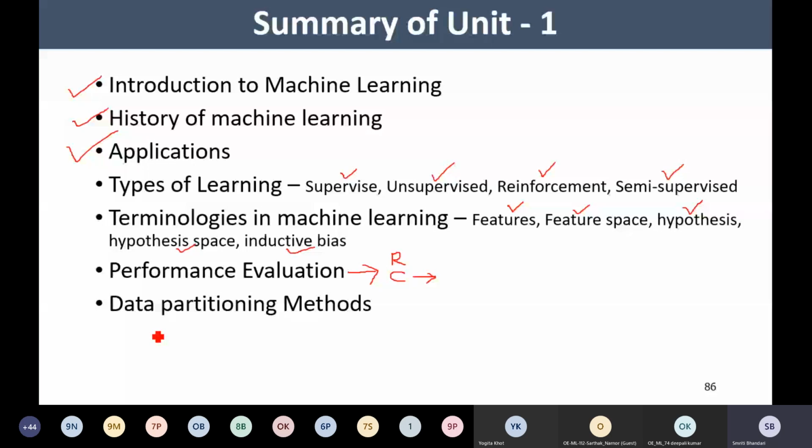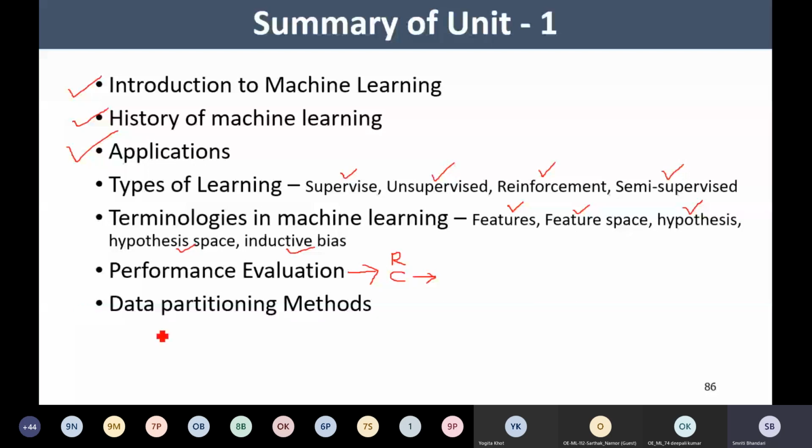There are several ways to partition whatever data is available with us, and that is why we have gone through various data partitioning methods also. Those will help us to come up with disjoint data sets, right? And we have seen the entire procedures, how we are going to make use of those different data sets to come up with the final models, right?